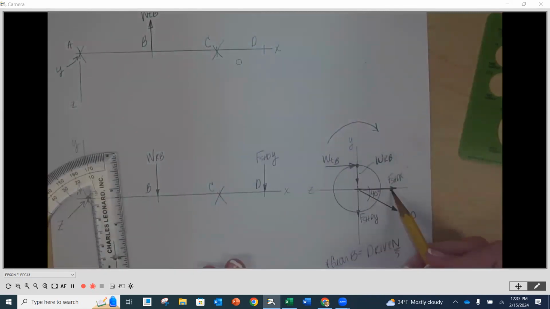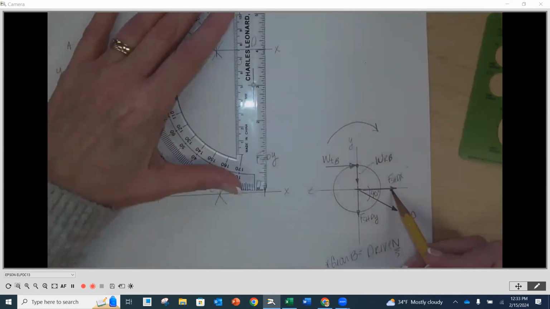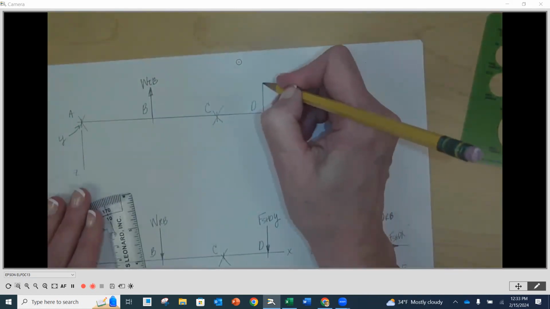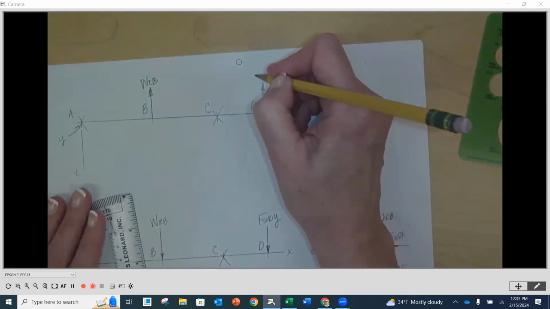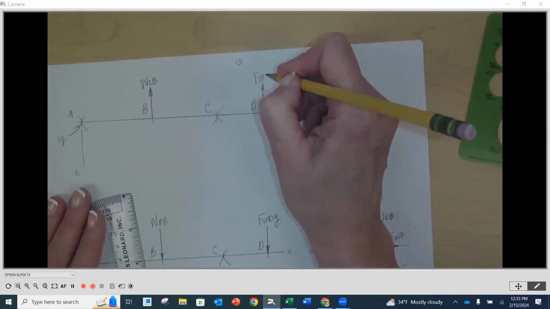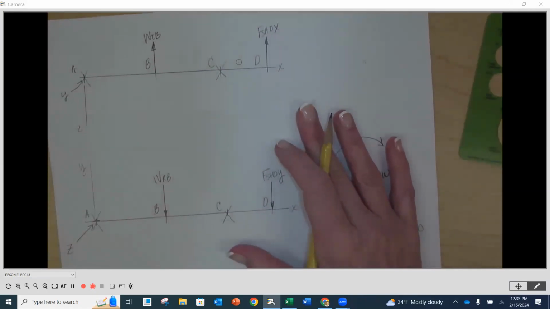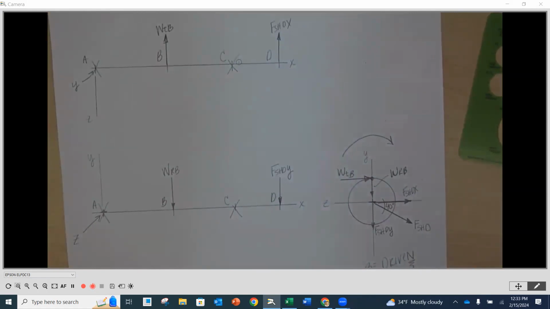And then this one again is going to be showing, if you would, in an upward direction, pushing towards the back. And those are the only forces that we have to worry about on our shaft.